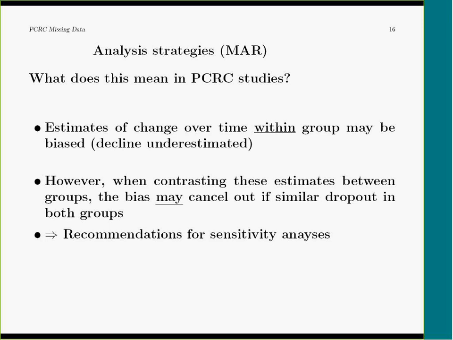However, when contrasting these estimates between groups, particularly if those groups are determined by randomization, the bias may cancel out if there are similar dropouts in both groups. And it's this concern that leads us to, while we do our primary analysis using these maximum likelihood techniques, there's always a strong recommendation for sensitivity analyses.